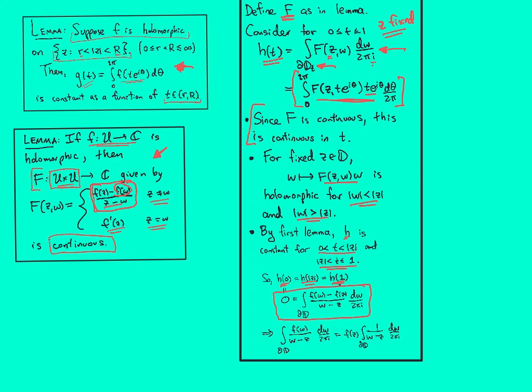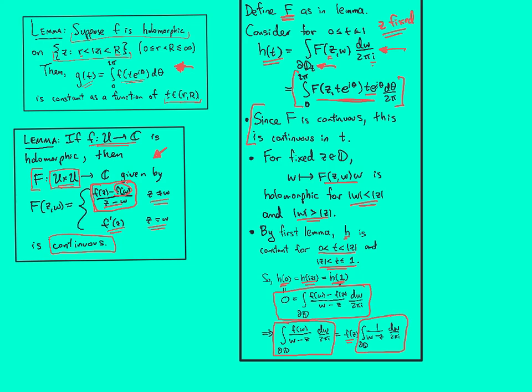So what does this fact say? If you separate things out, you get that the complex line integral that we're interested in is equal to another integral, but we can pull the f of z outside, and then we get this integral here.